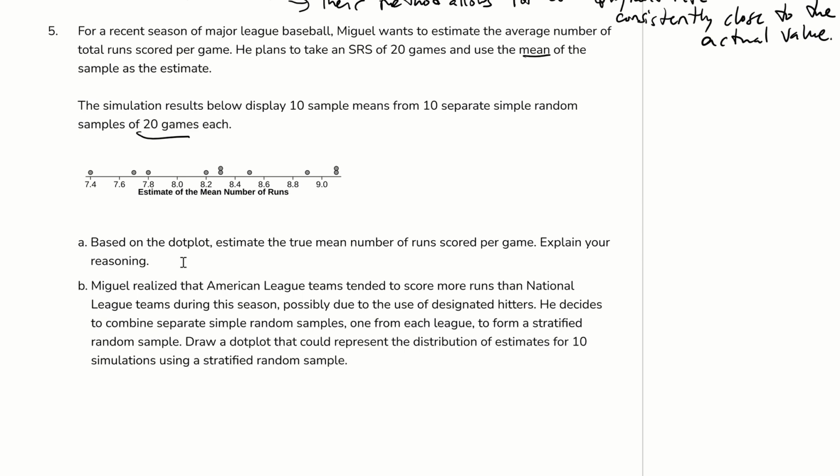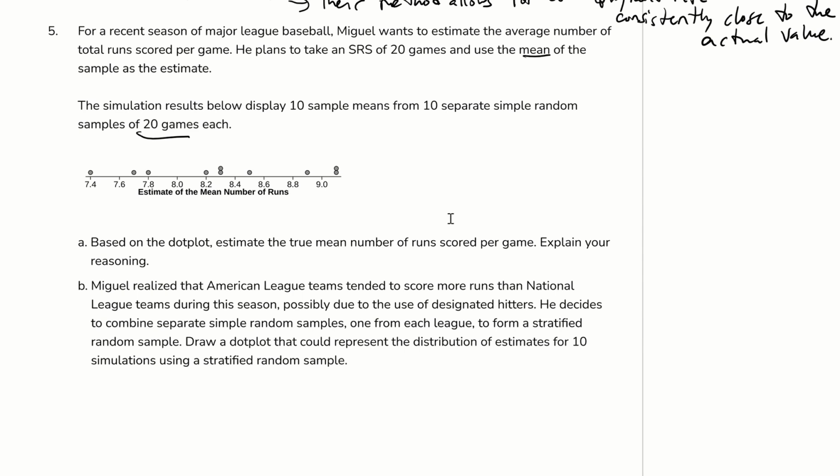So we took the average of it and then we plotted it. So that's a sample mean. So that's a sampling distribution of sample means. Now, when you get the averages plotted like this, the true mean number is the center of that distribution. So when you go to the center of that distribution, that'll tell you what the true number is going to be.